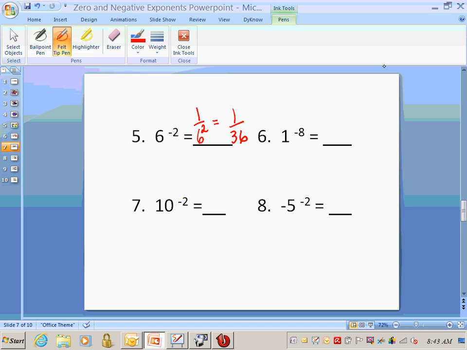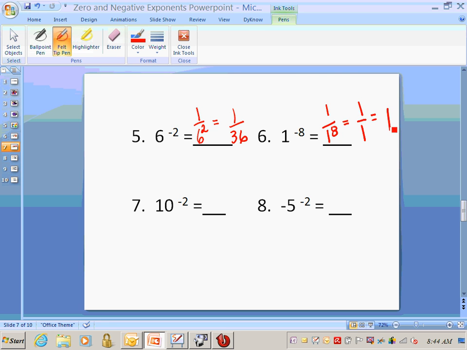Is 36 the same thing as 1 over 36? Would you rather have 36 of something or 1/36 of something? Depends on what it is, right? But it's two different numbers, yes? Okay. 1 to the negative 8 power. So 1 over 1 to the 8th. And 1 to the 8th is 1.